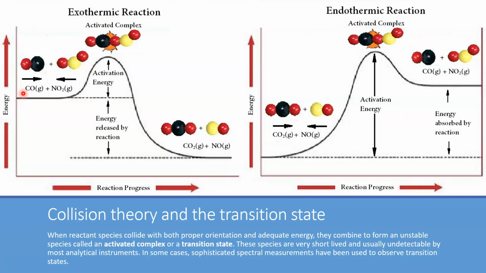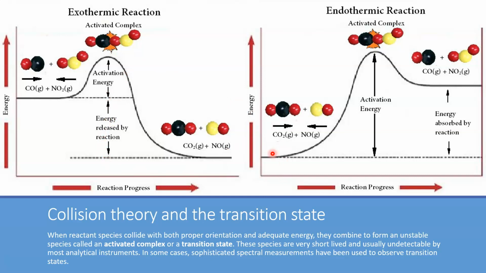So you can look at this, and there are two examples. This is one reaction, this is the forward, and this is the reverse reaction. So in an exothermic reaction, the energy of your reactants is higher than the energy of the products, and energy is released.